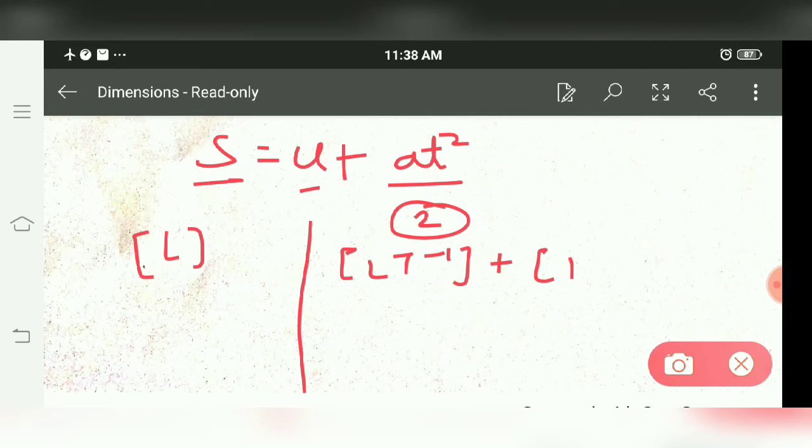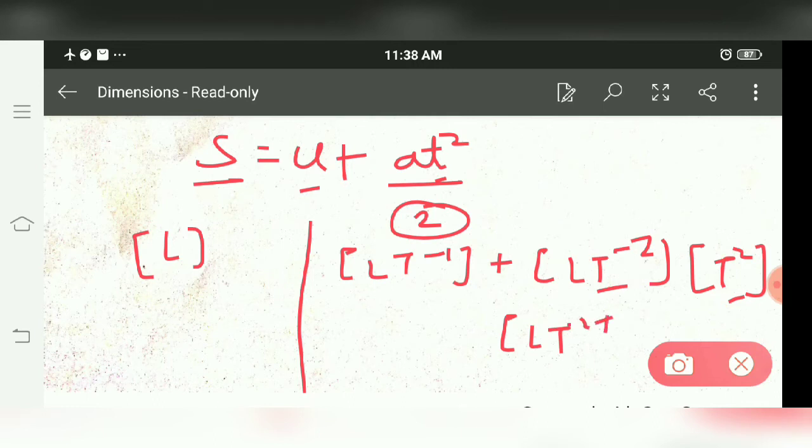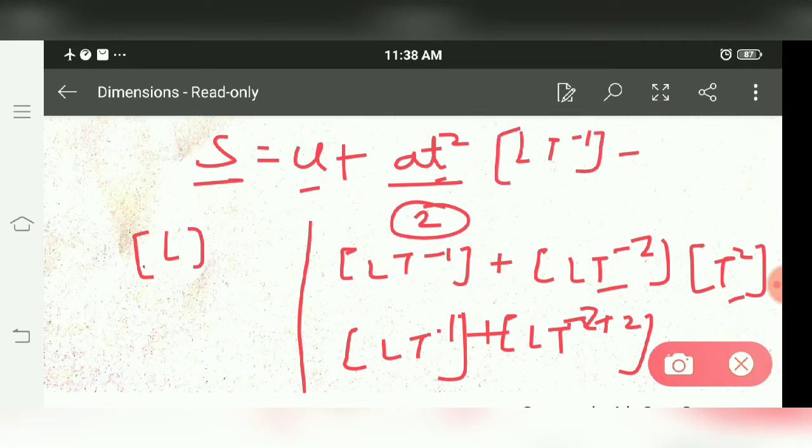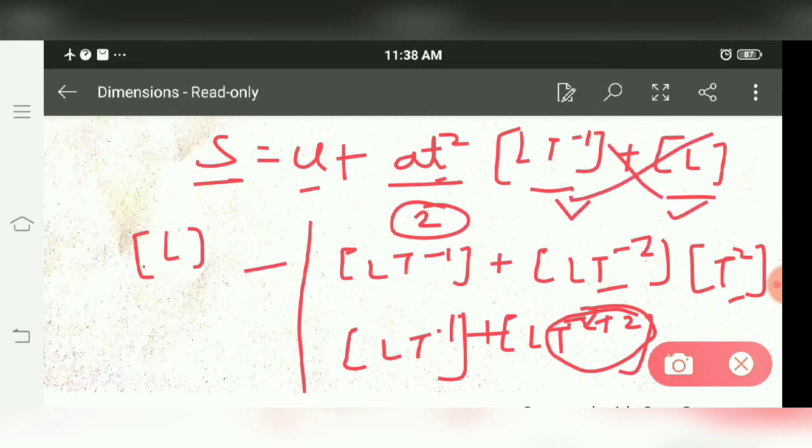For a it is L t minus 2, and this is capital T square, so t minus 2 plus 2 is t to the power 0, L t to the power 0, simply L. So we get L t minus 1 plus only L, because something raised to power 0 will be 1. These two dimensions are not equal, so they cannot be added. So the left hand side dimension is not equal to the right hand side dimension, so this is a dimensionally wrong formula, because t is missing over here.